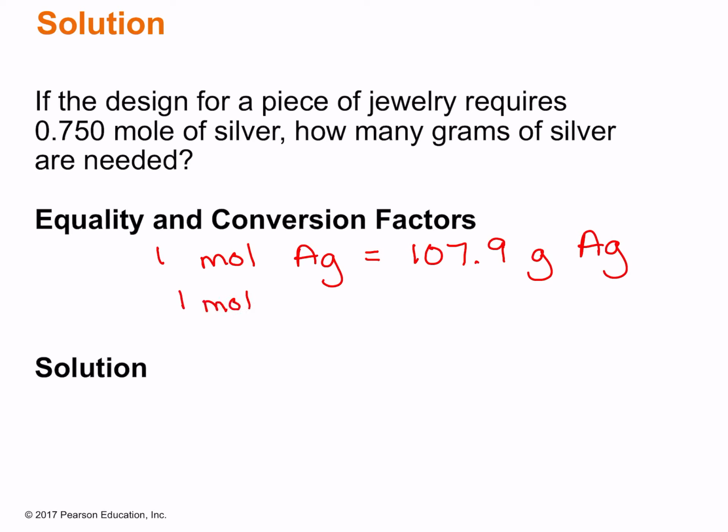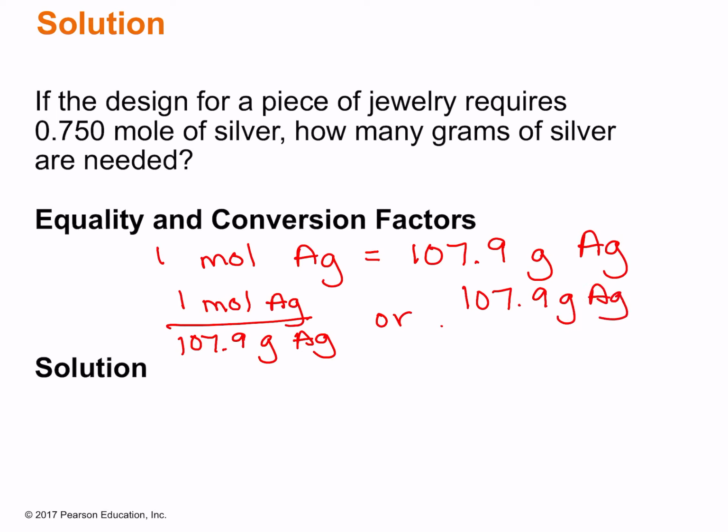We can put 1 mole of silver per 107.9 grams of silver, or we can put 107.9 grams of silver over 1 mole of silver. So then we can start our train track. So we look, 0.75 moles, so that will go in the beginning of our train track.